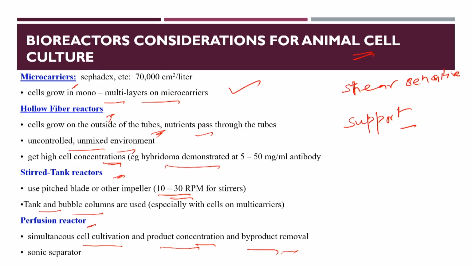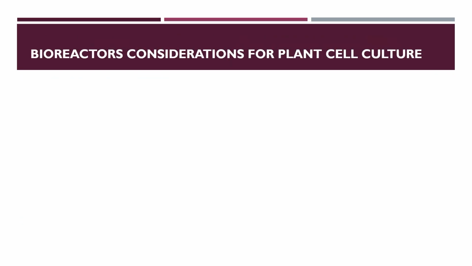This is also very important for animal cell culture. So, we need to have a separator after the fermentation, so that we can quickly separate the product and the byproduct can be removed.